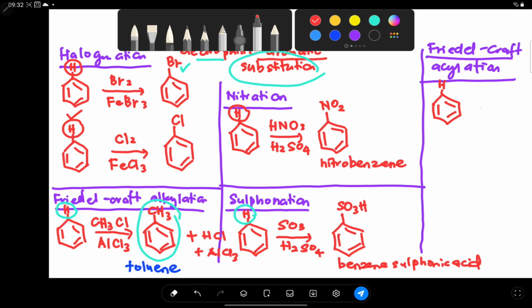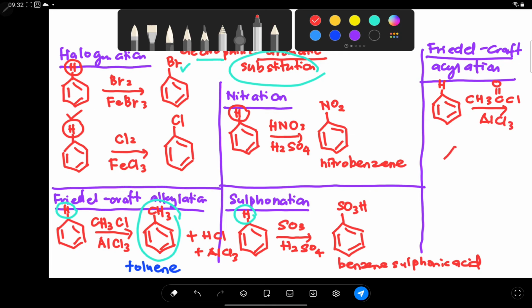So this benzene will react with CH3C=O Cl, in the presence of AlCl3.